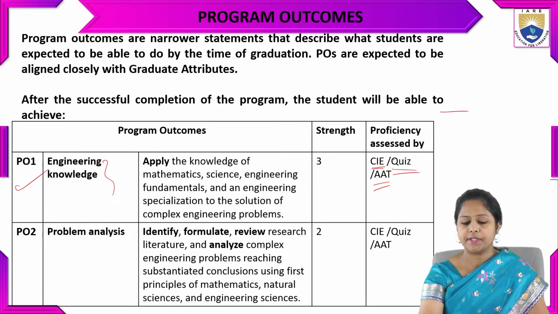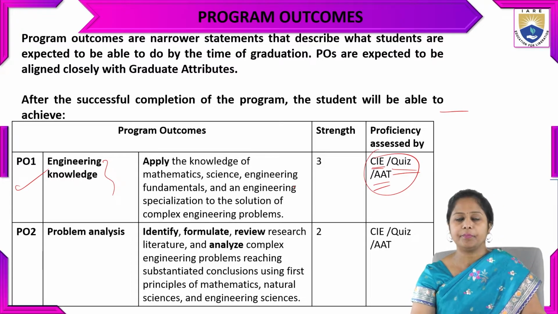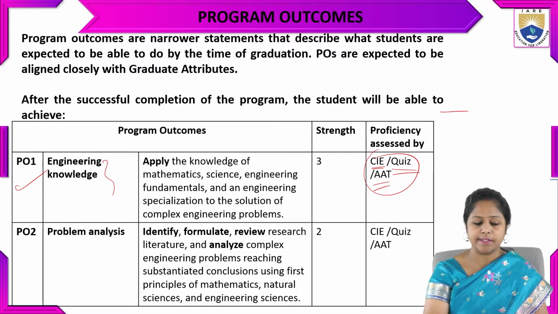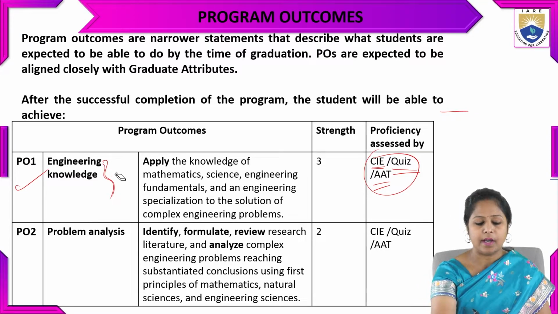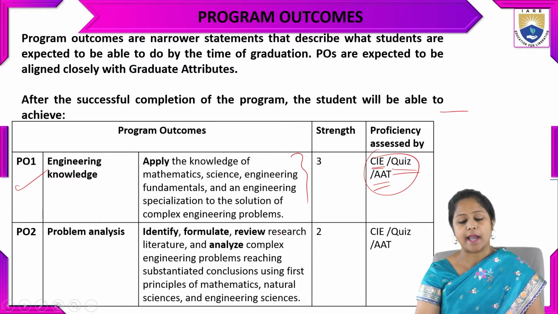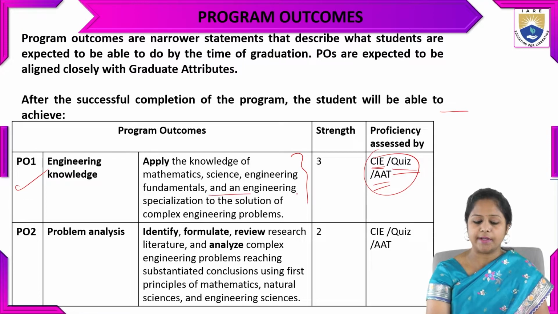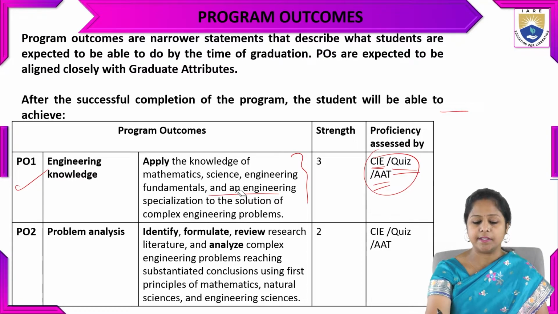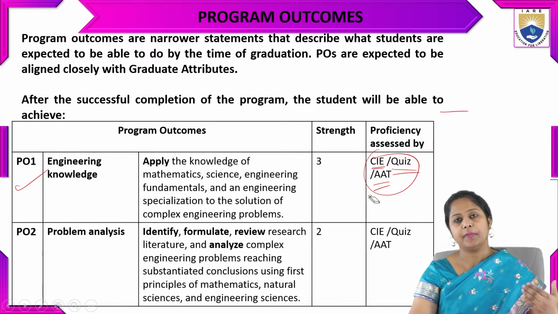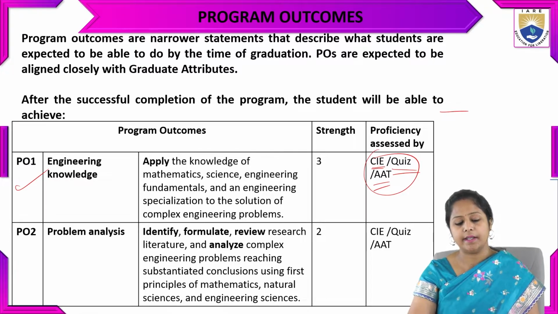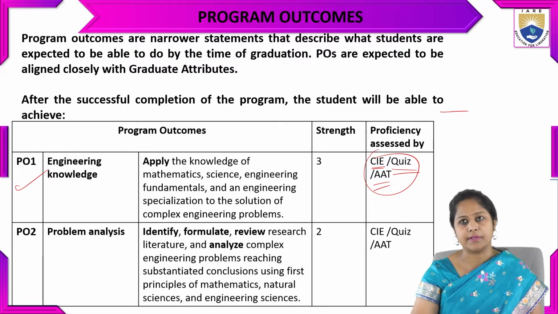So on the basis of CIE, quiz and AAT, the faculty is going to assess the student in this engineering knowledge outcome. He is going to apply the knowledge of mathematics, science, engineering fundamentals, and engineering specialization to the solution of complex engineering problems. So he has to understand the different basics, and at this level of PO1 he is going to apply these fundamentals.